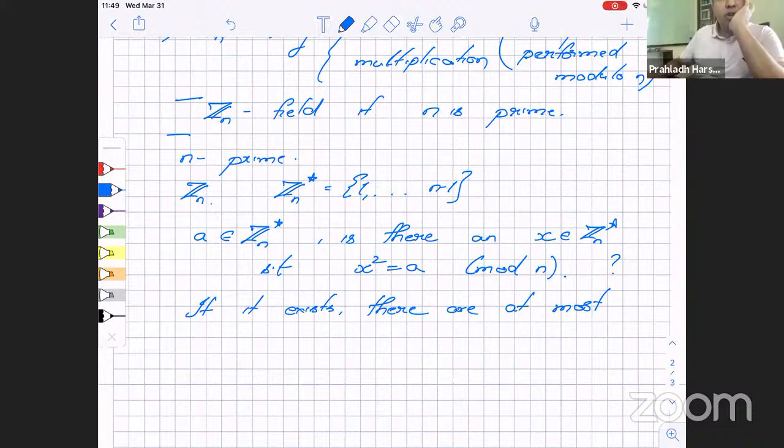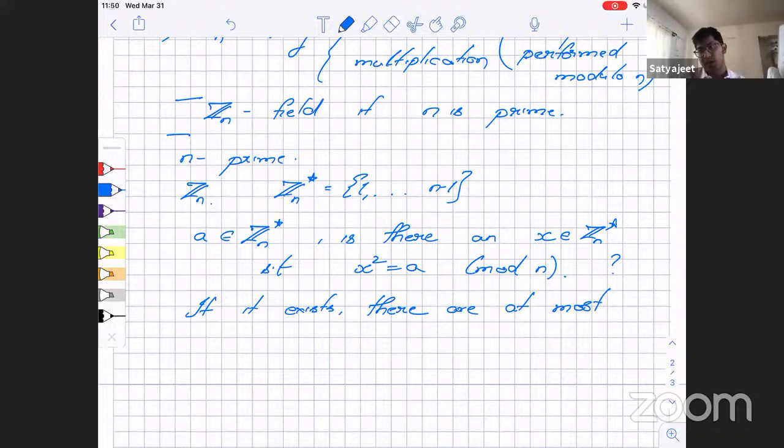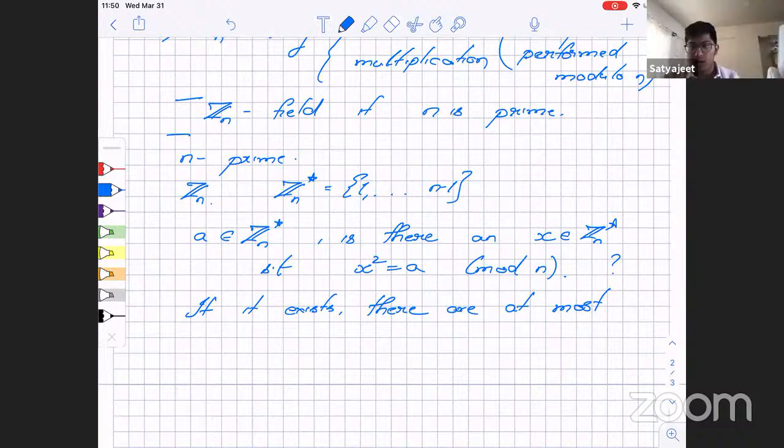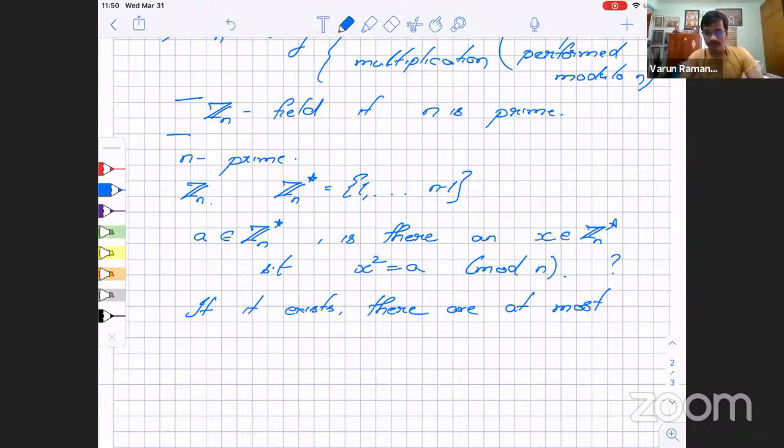For them to be the same, what should happen? x should be equal to p minus x mod p. So can x and minus x be the same number?